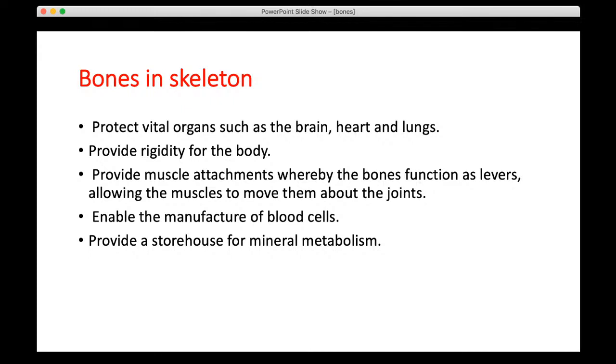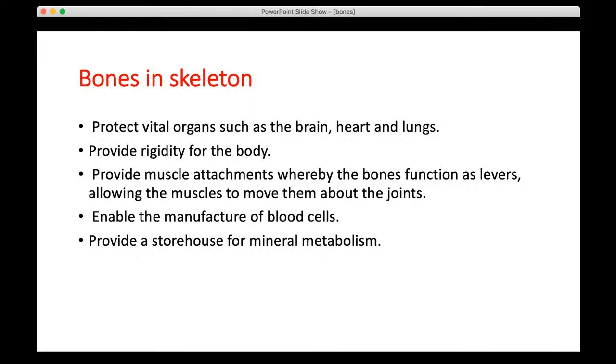For their protection you need a structure which can help them, because they are very delicate. This protective structure is provided by your bones. They provide rigidity to your body. A solid thing which you have in your body is your bones only. The rest are very soft tissue, and for protection purposes bones are there, in the form of a skeleton, so that you can have proper form, proper shape to your body.